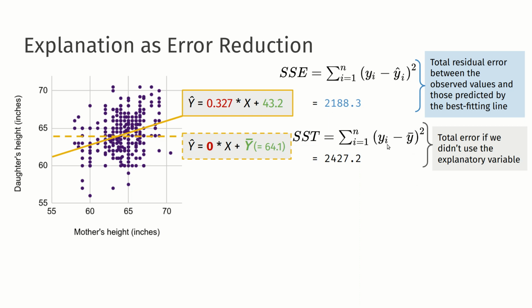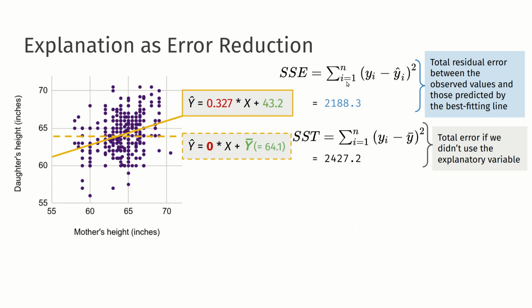And this is the total amount of error that we would get if we didn't know anything about the explanatory variable, in other words, if our line was purely flat. This reflects not knowing the explanatory variable because we're predicting exactly the same thing for every daughter, regardless of her mother's height, if we're using this dashed line. So this is the total sum of squared residuals that we would get if we didn't know what the explanatory variable was.